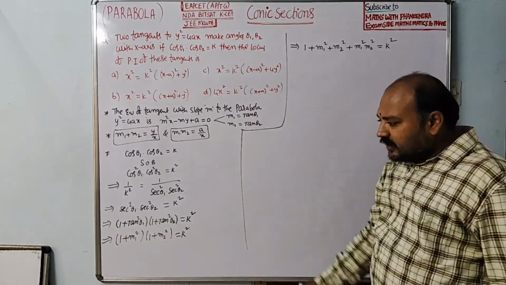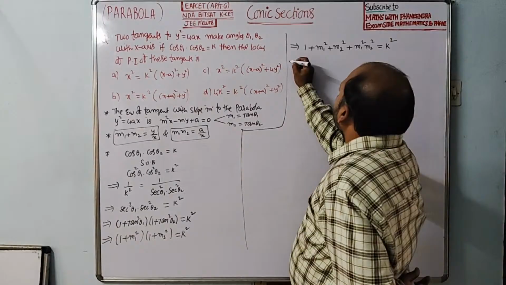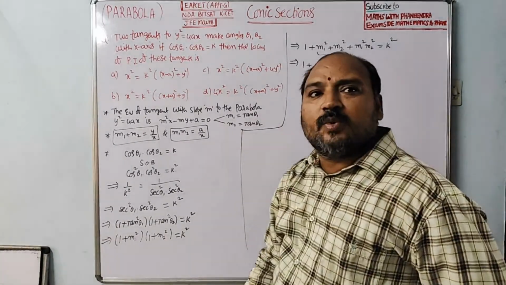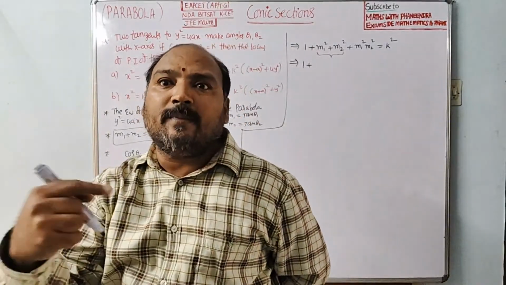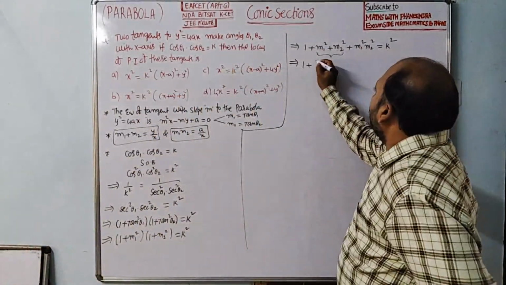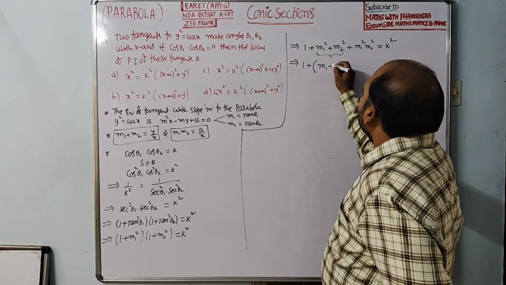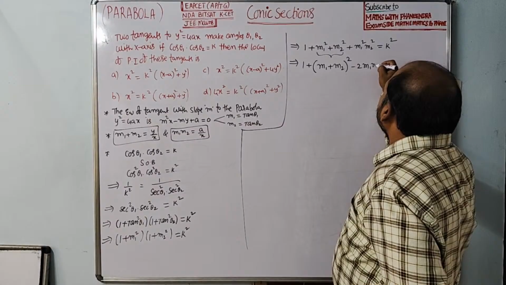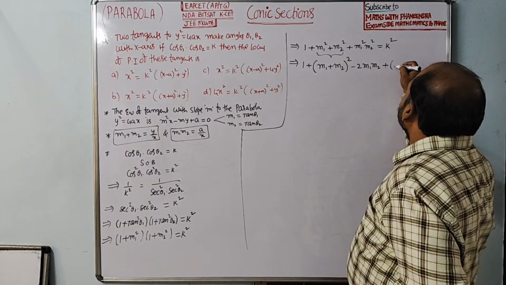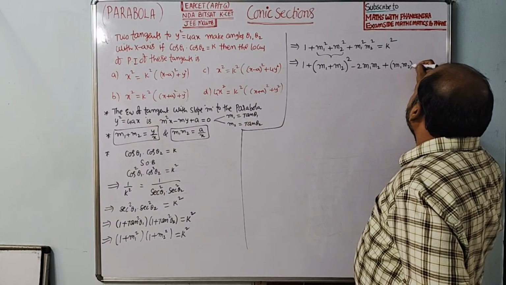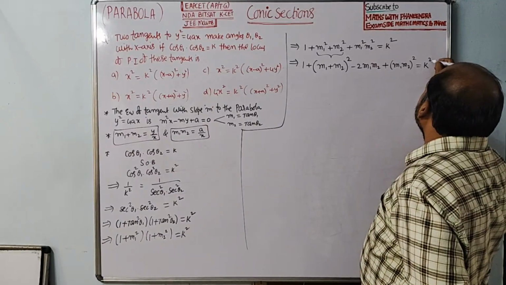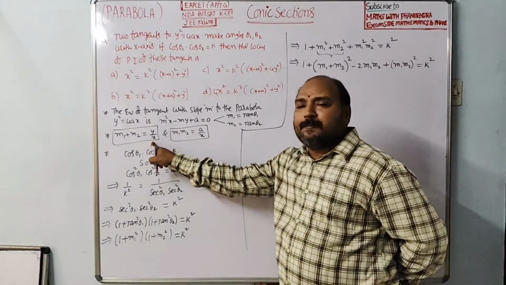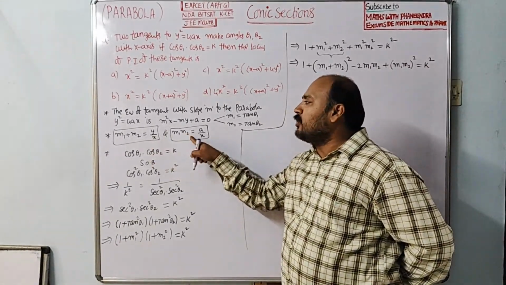Till here understand? It is in the form of a square plus b square. We can write it as a plus b whole square minus 2ab. So m1 plus m2 whole square minus 2 m1 m2 plus m1 m2 whole square is equal to k square. Wherever m1 plus m2 is there, replace with y by x, and m1 m2 is a by x.